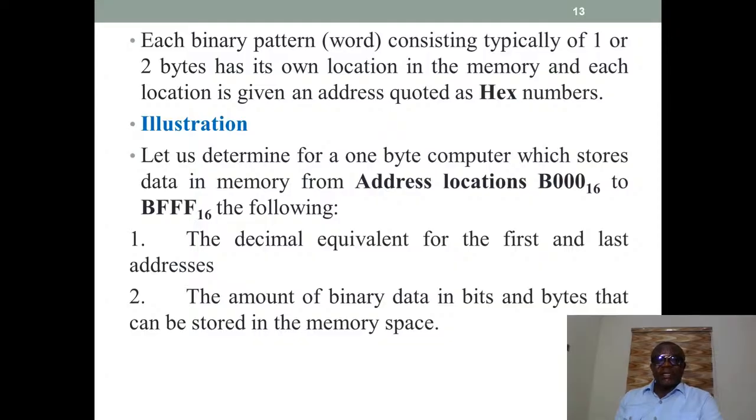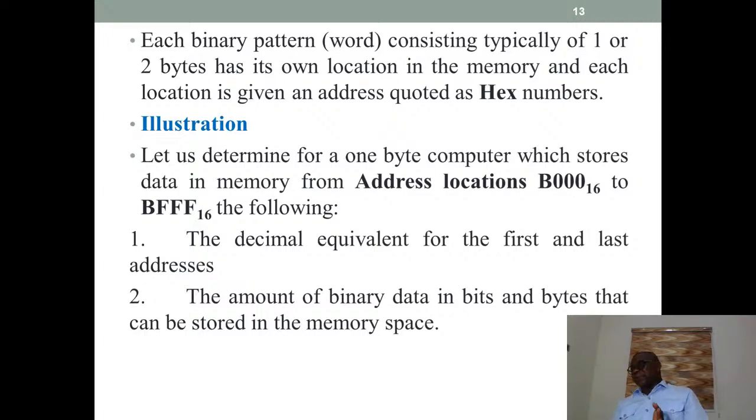One, the decimal equivalent for the first and the last addresses. Second, the amount of binary data in bits and bytes that can be stored in the memory space.